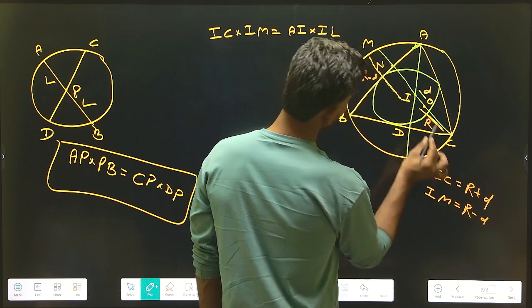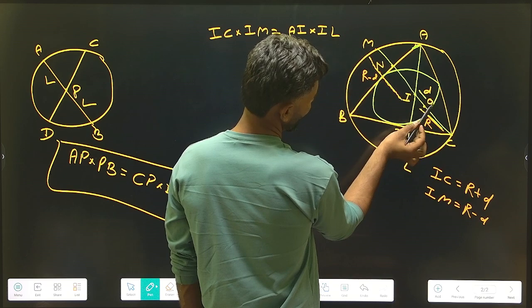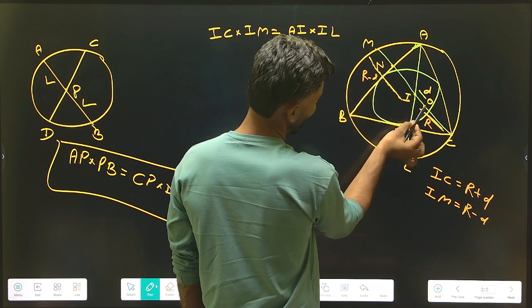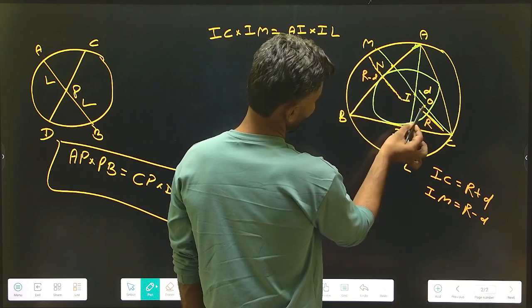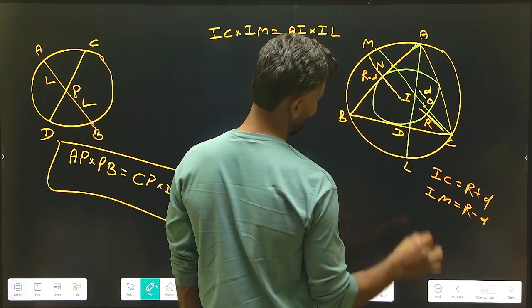Why R minus d? Because the distance from M to O is capital R, where O is the circumcenter, and this is d, so I am subtracting d. So the distance from here to here is R minus d.